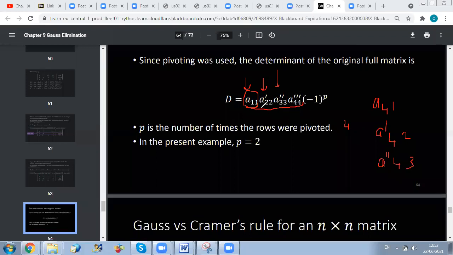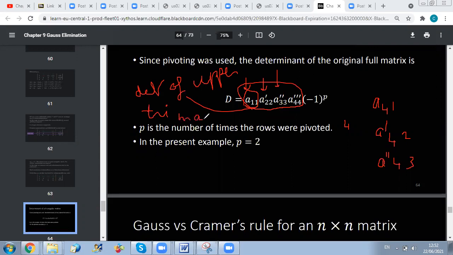Okay. Now this will give you the determinant of the upper triangular matrix, and to relate it with the determinant of the full matrix, the first thing we started with, we should know the number of pivoting operations.